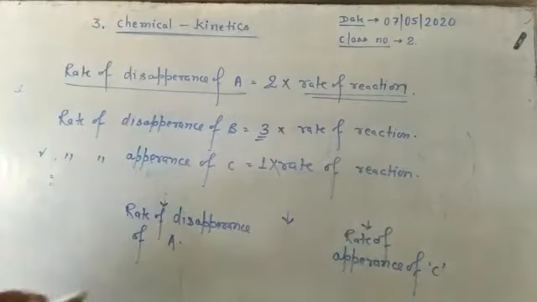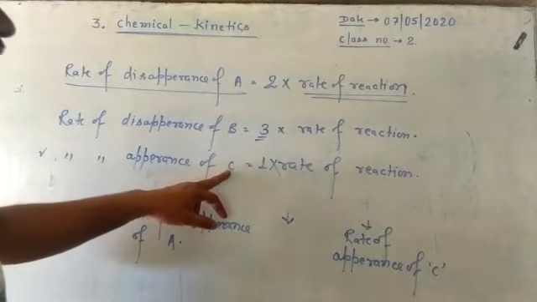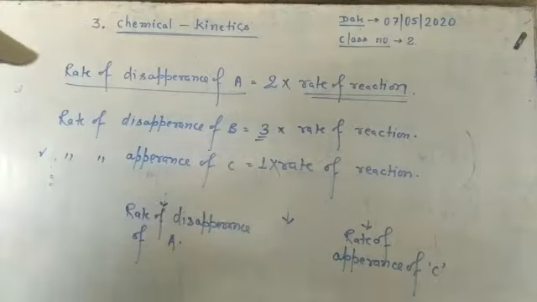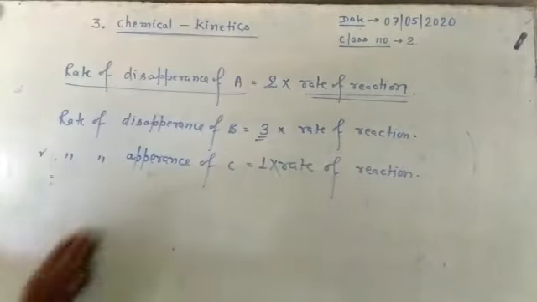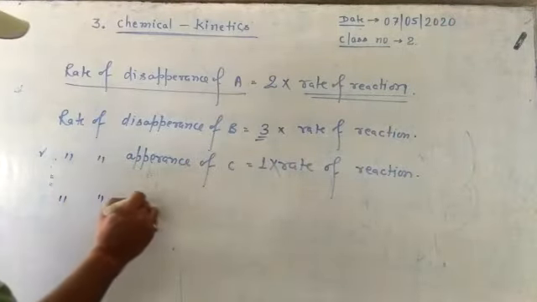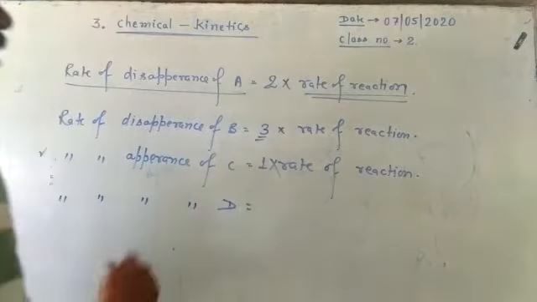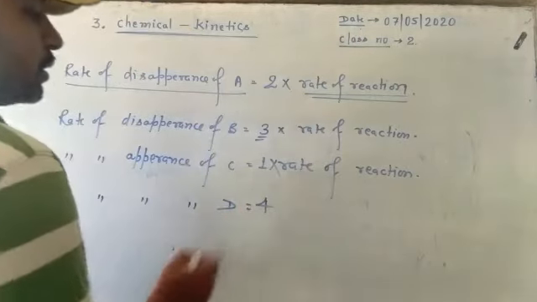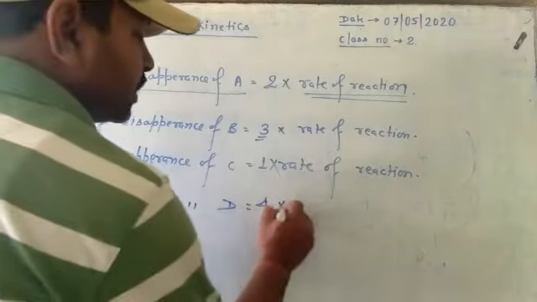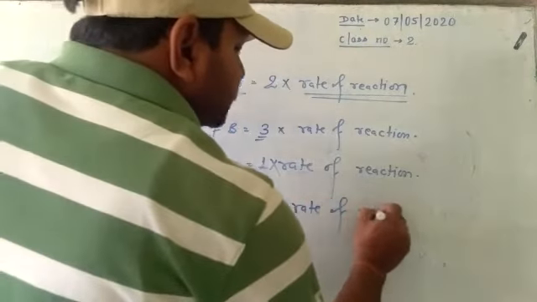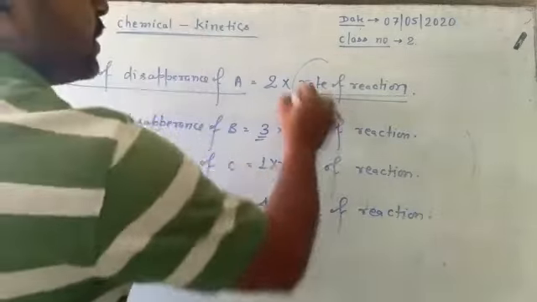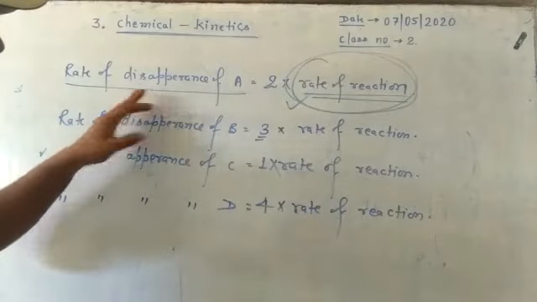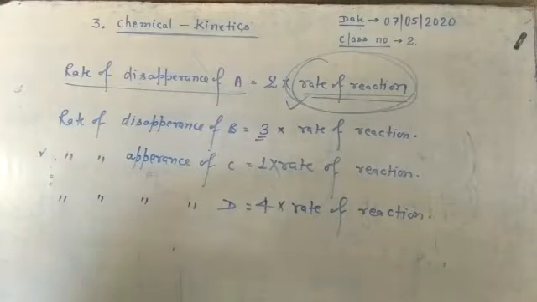Before C no digit is present, so 1 is considered as the coefficient. Now the fourth one is the appearance of D. Here in your question, coefficient 4 is used before D, so 4 into rate of reaction. Here students, if the rate of reaction is known, then we can calculate the disappearance and appearance in the reaction.